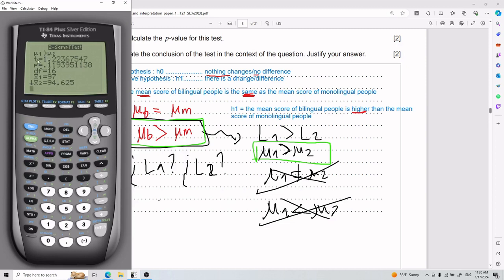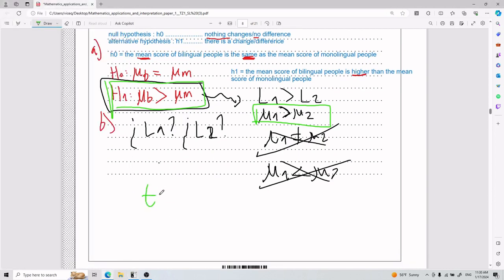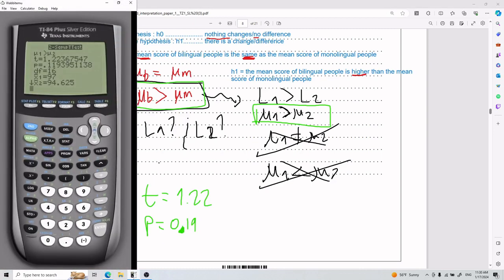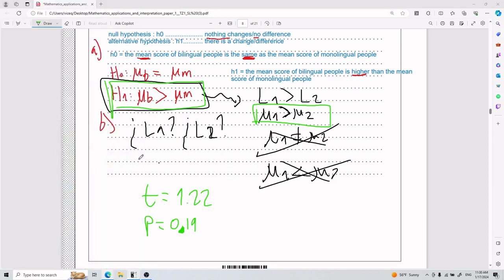So I'm just gonna say right away, the t-value, okay, so see how I have a t equals 1.22 and I have a p-value of 0.119.